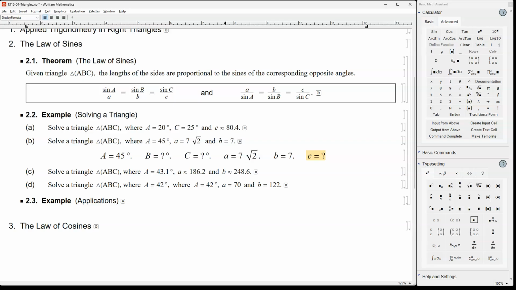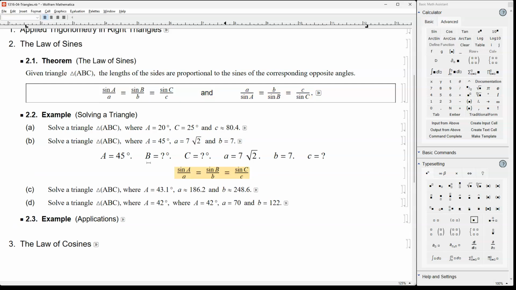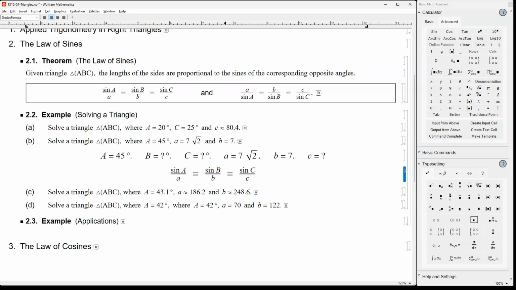Okay, all right, let's use the law of sines. This time we have to figure out the angles. So I think the first convention is going to be a little bit more convenient. Okay, all right.